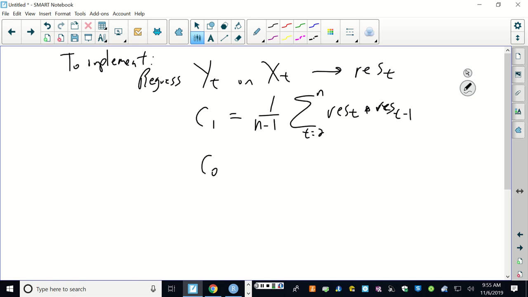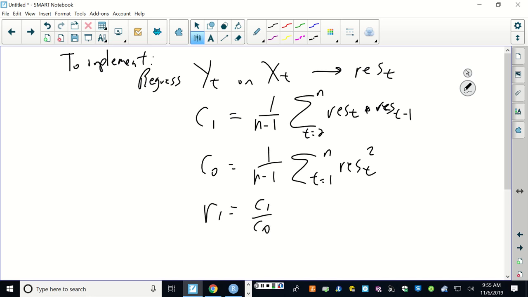And our c sub 0 is 1 over n minus 1, the sum from 1 to n of the residuals at time t squared. So a variance of residuals and a covariance of residuals. And R1 is going to be the ratio of these two things. That's our estimator of alpha.